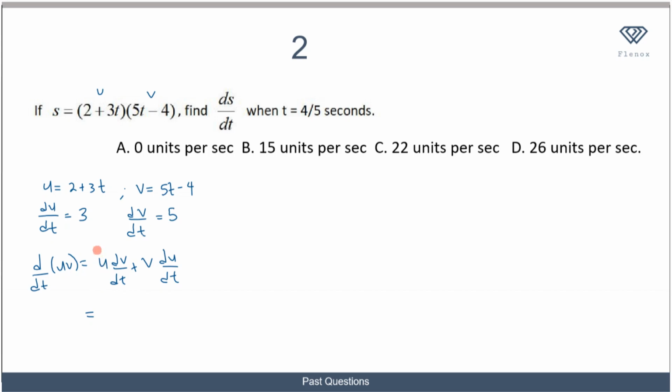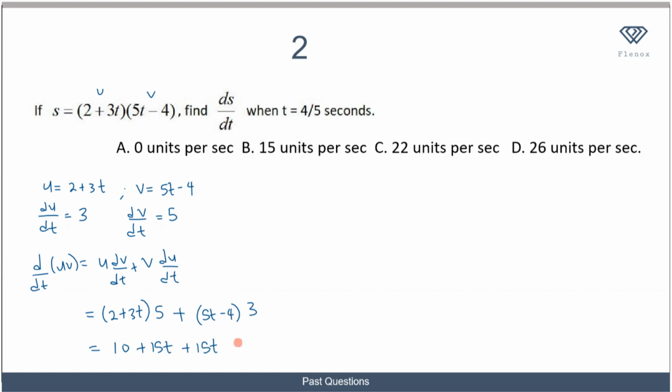So that becomes, what is my u? 2 plus 3t. And what is my dv over dt? 5. Then plus, what is my v? 5t minus 4. And what is my du over dt? 3. So I can expand. 5 times 2 gives me 10. 3t times 5 gives me plus 15t. 5t times 3 gives me plus 15t.